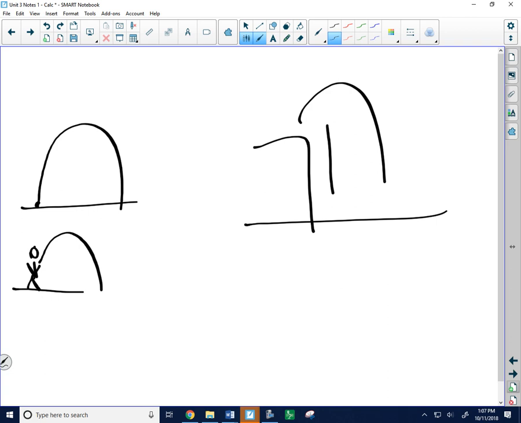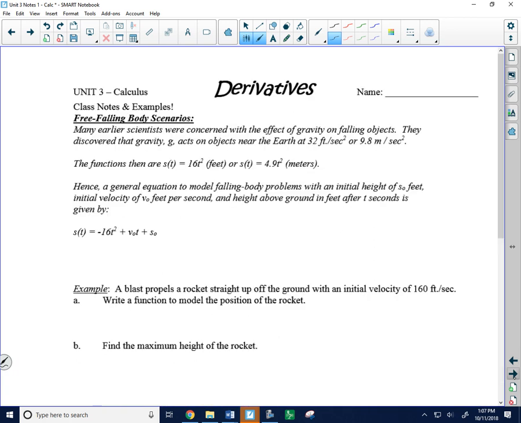But now with calculus, we can do a lot more with it. So let's go back here. Okay. If you were in or are currently in physics, you probably already recognize the following formulas I'm going to show you here.